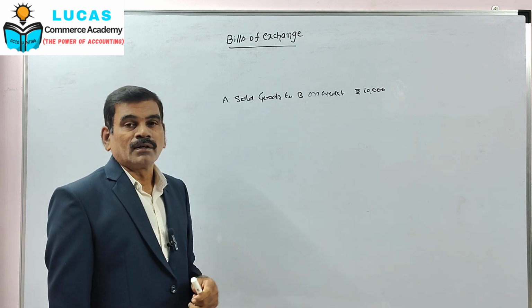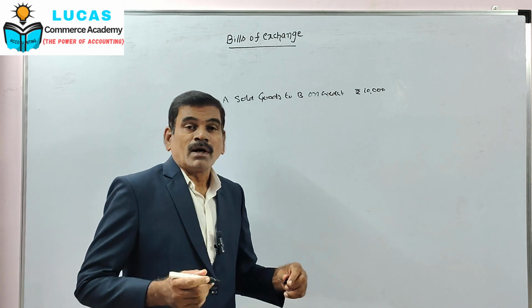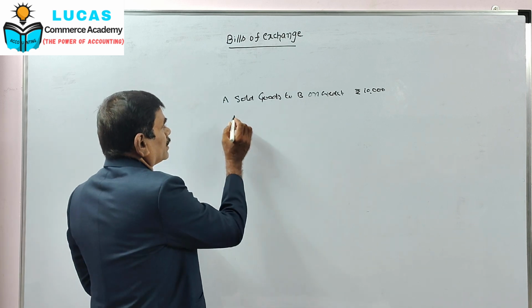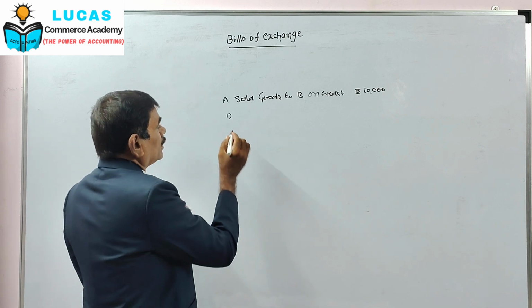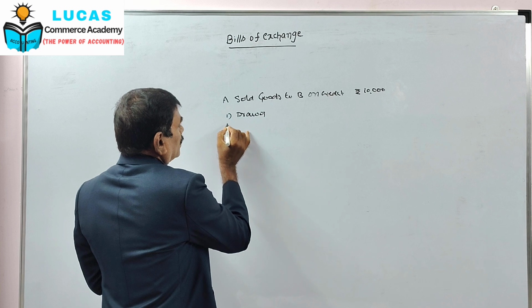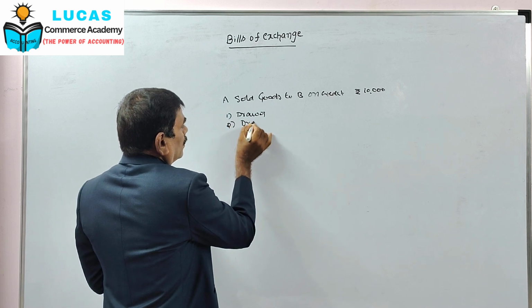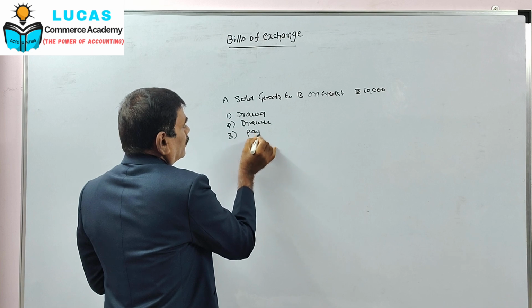In this example, there are two parties, A and B. But really speaking, there are three parties to bills of exchange. The first one is drawer, second one drawee, third one payee.